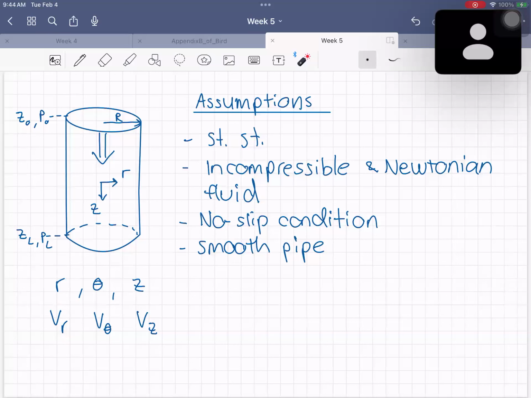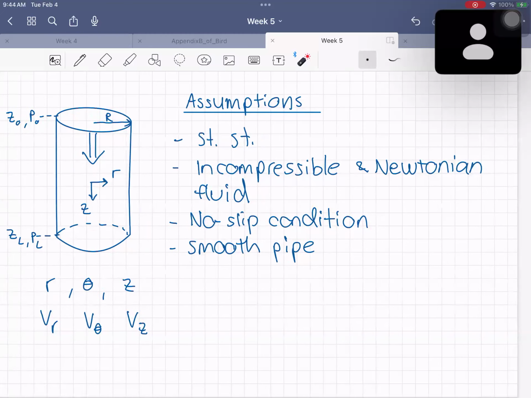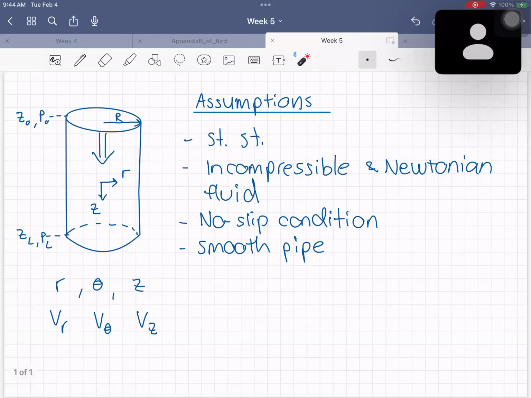Do we have Vr in this system? No. Why? Because the fluid is flowing down only, so it's not flowing radially. So we won't have Vr. Do we have V theta? Does it go in a circle? No. Do we have Vz? Yes, of course, it's flowing down.